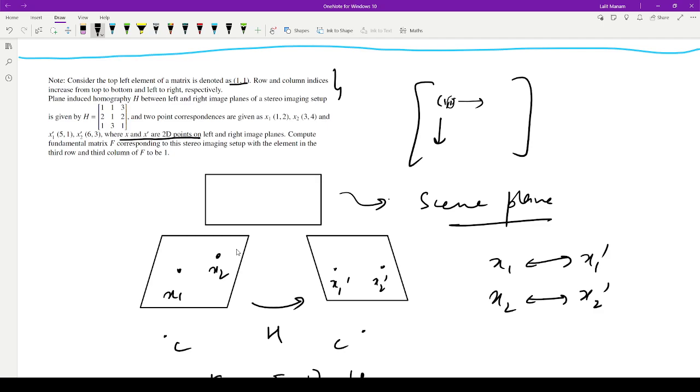But these points do not belong to the plane correspondences. These are some other point correspondences. For instance, x1 out here does not lie on the plane.